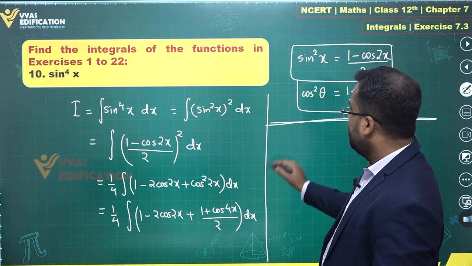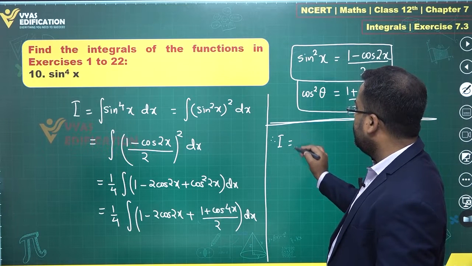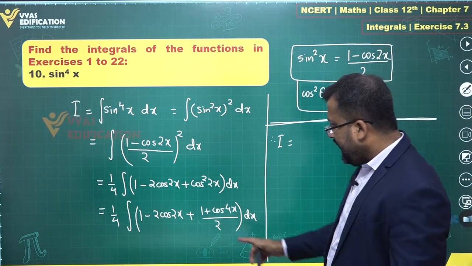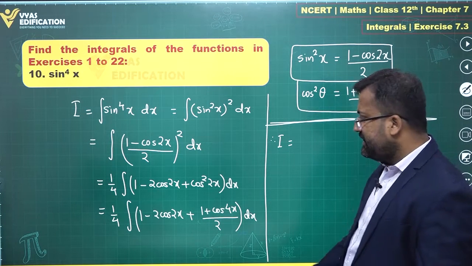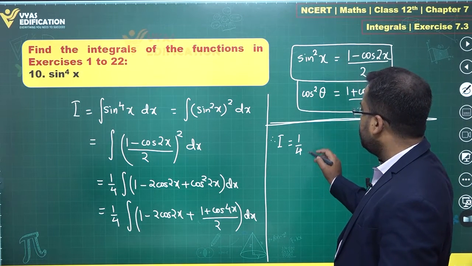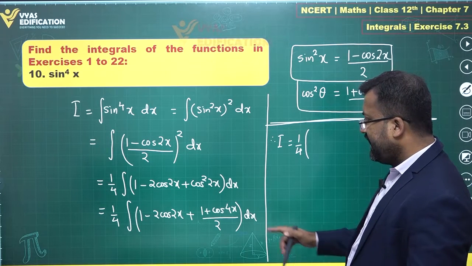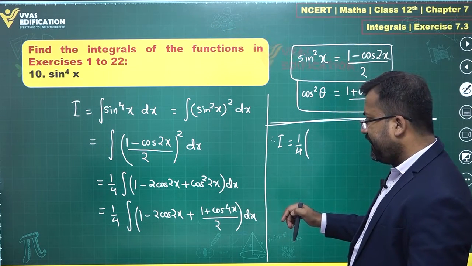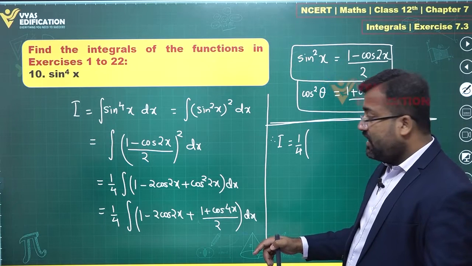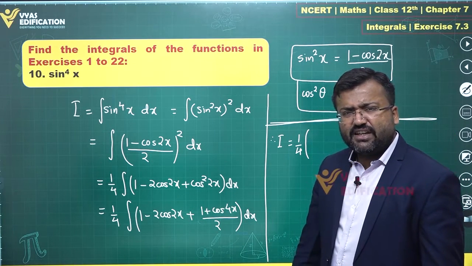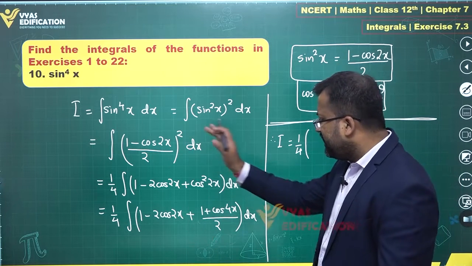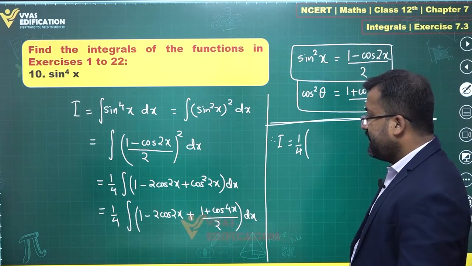Therefore, I is equal to, I have a 1 by 2 and I have a 1. Do you observe that? Yes, so these can be added. So I have 1 by 4 on the outside. Inside the bracket, the integral of 1 will not be difficult. Can I add this 1 and 1 by 2 first? Yes, I can do that. Or for the time being, let us keep them separate.